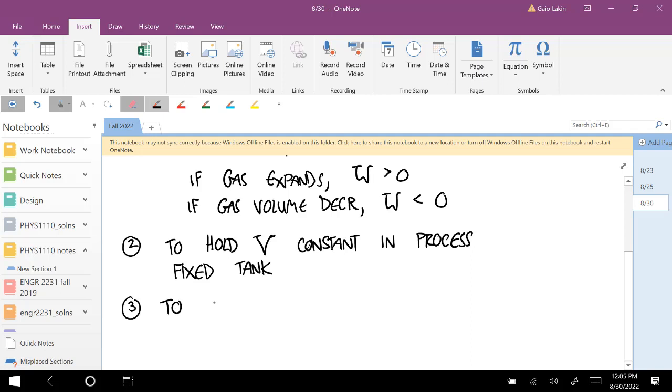How about to hold temperature constant? To do that, you most likely have to make your process happen pretty slowly, and you have to have your gas in thermal contact with a reservoir of some kind.